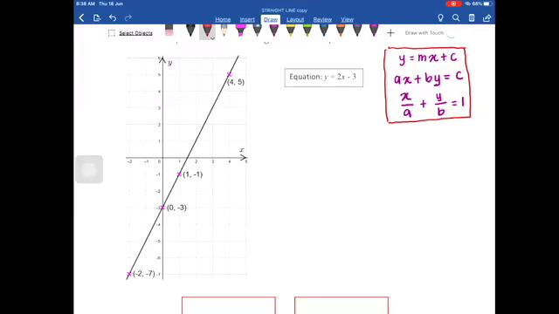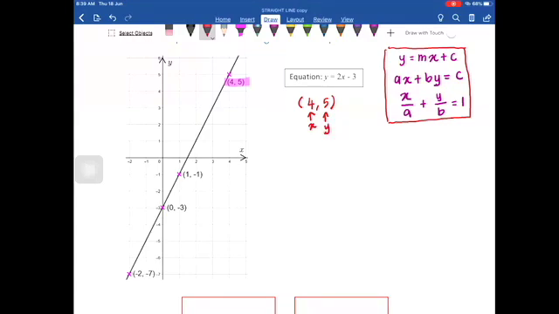Sepatutnya begitulah. Okay. Now, how does it relate? y equals to 2x minus 3. Okay, kita tengok kepada one coordinate, 4, 5. So bila saya ada 4, 5, how it relates is sekiranya this is my x, this is my y.